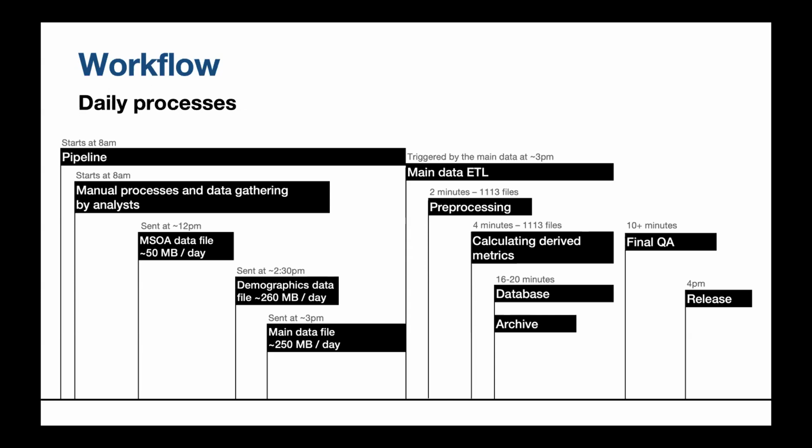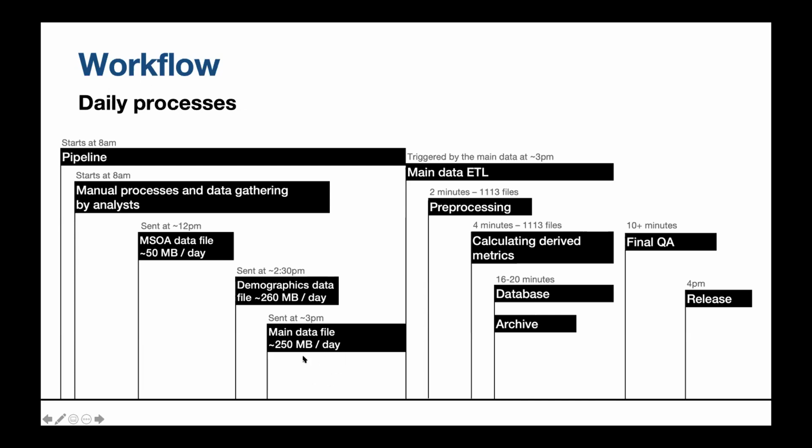That's a very, very big data set, 260 megabytes, at around 2:30. And then at 3 p.m., the main data is ready. When I say the main data, it is everything that is not these two. Everything else is in this data set.